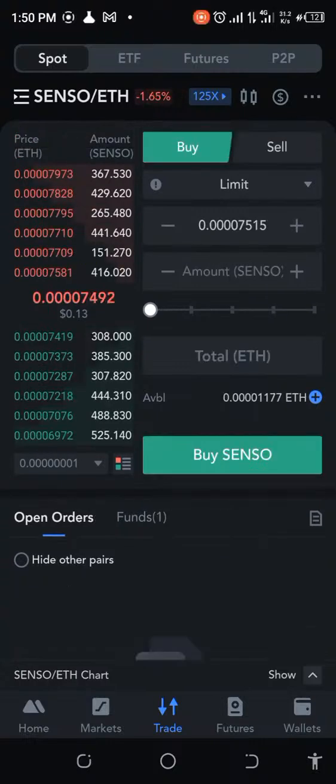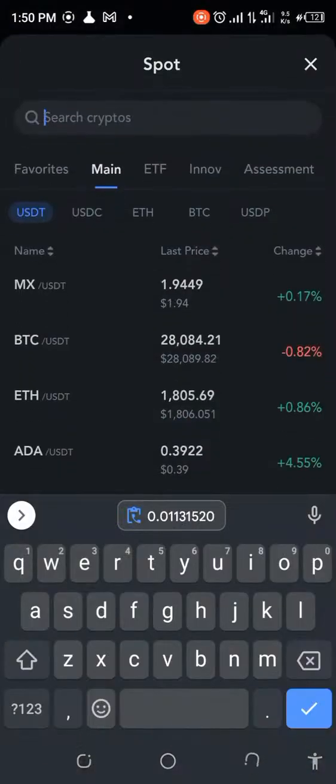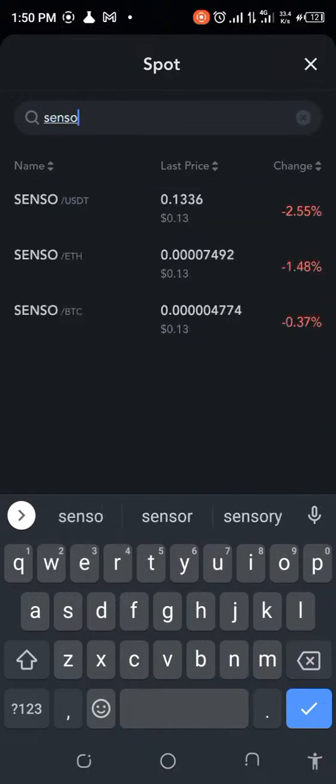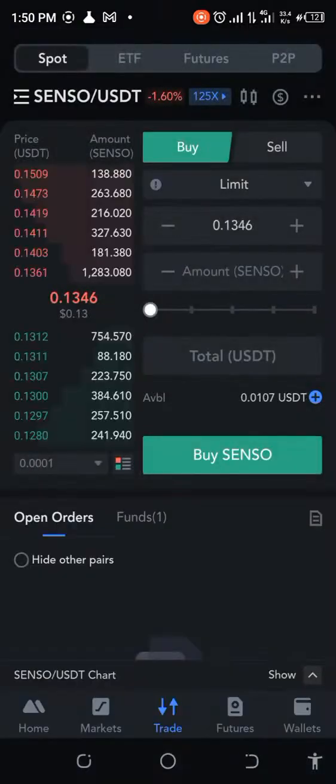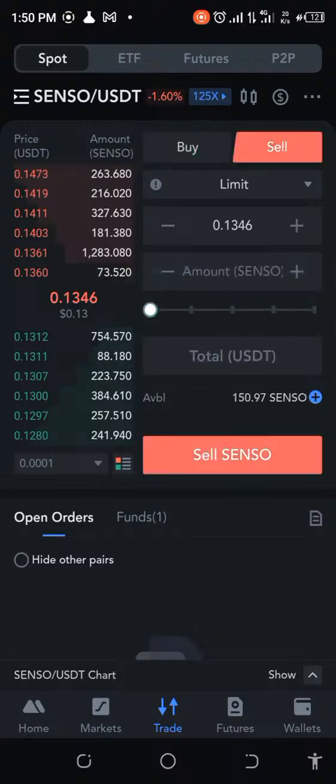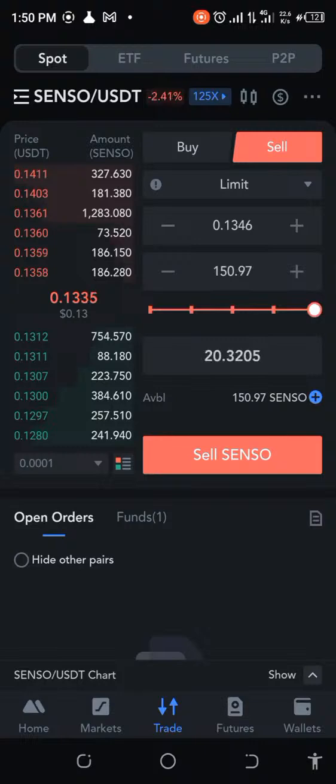Okay, so I'm back and it has already bought the Senso with ETH, but I'm seeing something here. That Senso USDT is looking like it's really going low. So we have it here, but if we have to sell, don't forget we started out with 20.32.